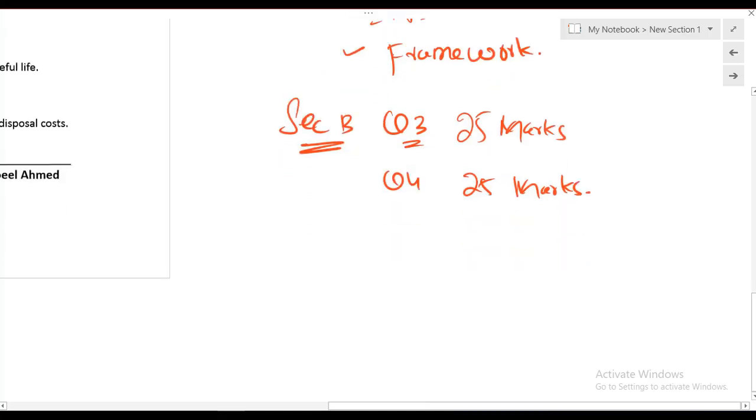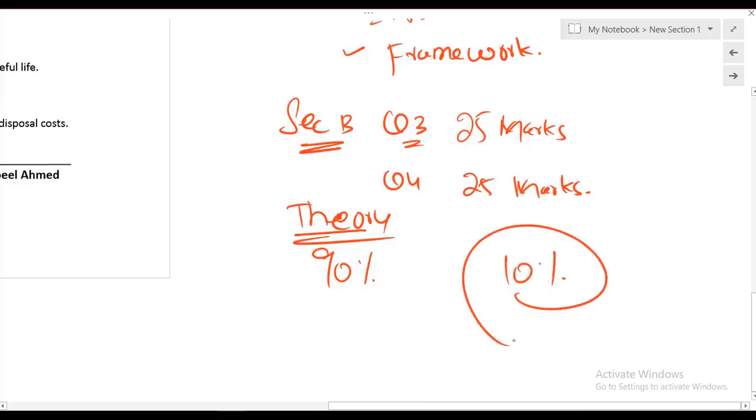But let me explain you one more thing. When it comes to the SBR paper, I would say at least 90% of the SBR paper is theoretical. 90%. So in actual exam, you will have calculation area hardly 10%, which means that you need to be really good in drafting.